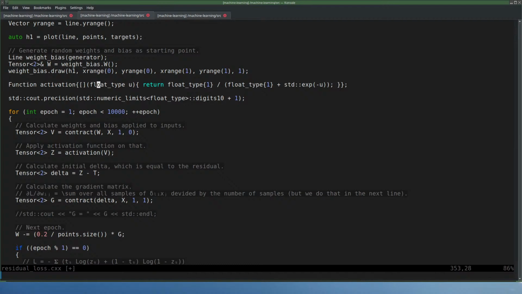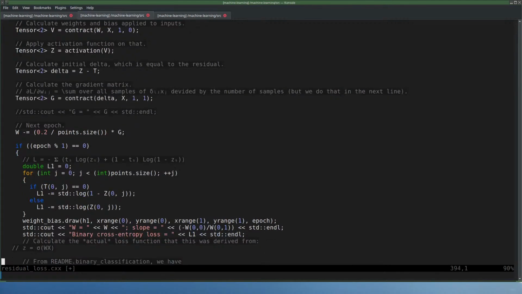My activation function is using float type as well. This is just sigmoid. That should work. I don't see the difference really. It's kind of weird that it's not exactly the same. Right, because now suddenly I'm not using double anymore. Oh, here I'm. Yeah, just float type here then, as well.